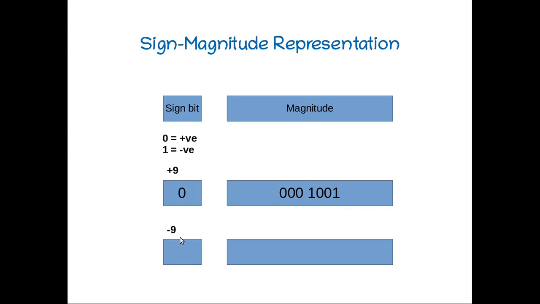Then in the case of minus 9, we will store a 1 here, that indicates a minus value, and the same value will be stored in the magnitude position, that is the binary equivalent of 9. So in total, we assume 8 bits, and 7 bits are used for storing magnitude and 1 bit for storing sign.